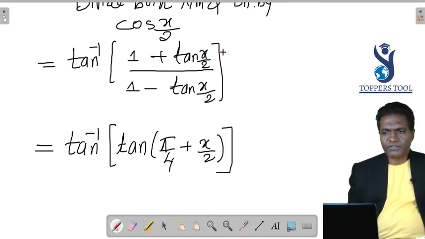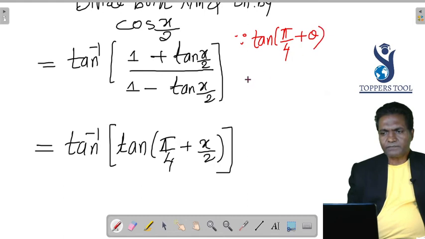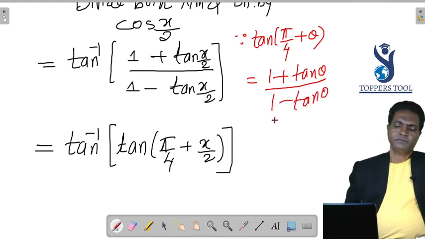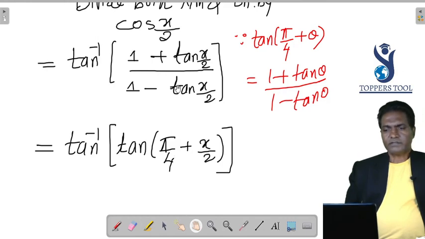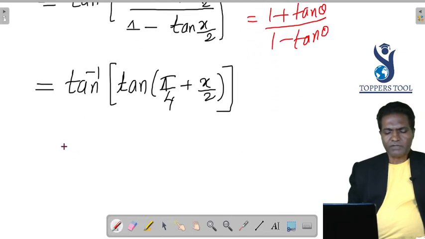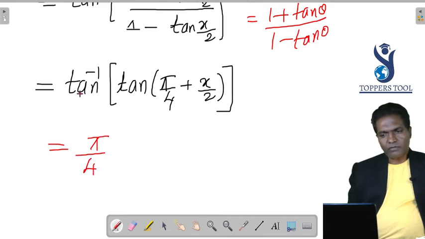Because you note down this, tan of pi by 4 plus theta is 1 plus tan theta by 1 minus tan theta. Remember this. Okay, so in the same fashion, this is 1 plus tan theta by 1 minus tan theta. So here theta is x by 2. So tan inverse of tan, you can write it as, they get vanish. So pi by 4 plus x by 2.